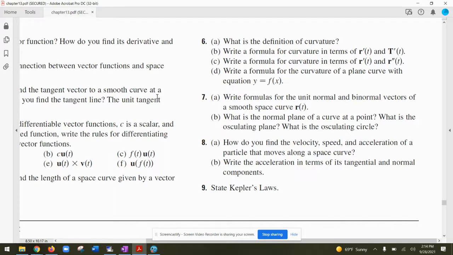Okay, D. Let's go with Peter. What's D? Write a formula for the curvature of a plane curve with equation y equals f of x. And of course, you can cheat off the formula sheet if you want. I just want to review it. So it's the second derivative of f of x, and then you take the magnitude of that.